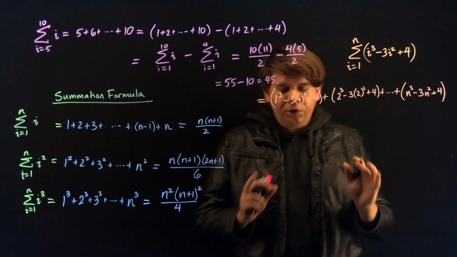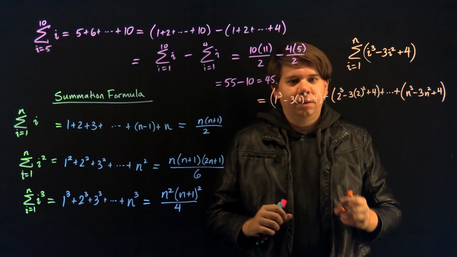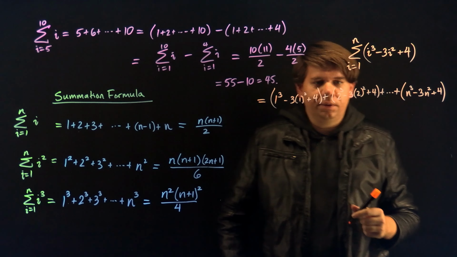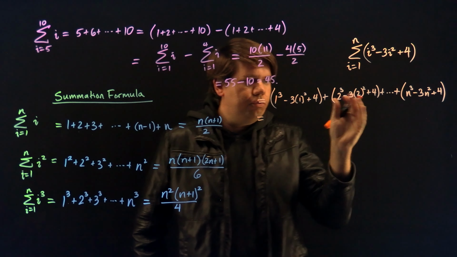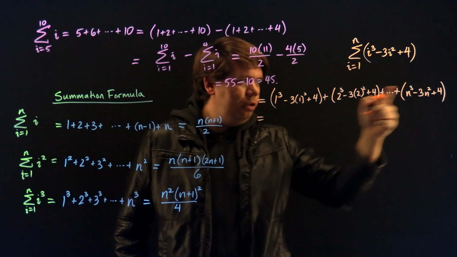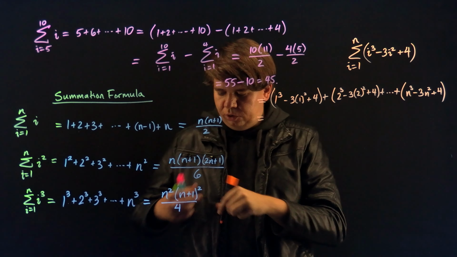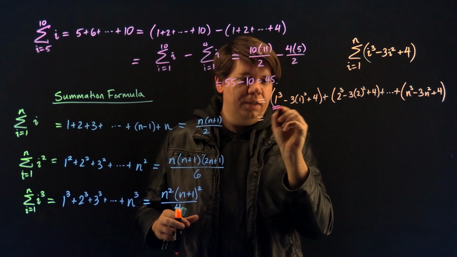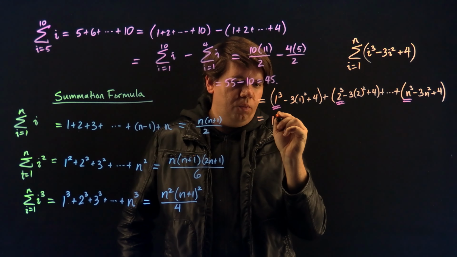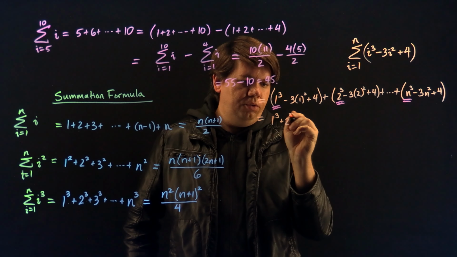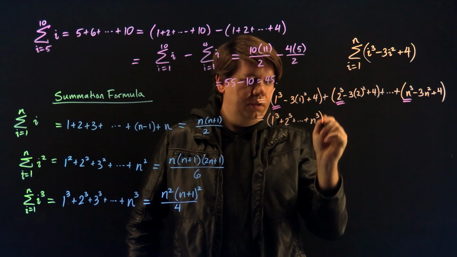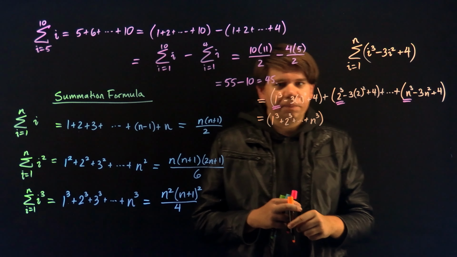Now, the trick is we're going to remember that addition and subtraction we can move around. So we can group all of these 1 cube, 2 cube, 3 cube pieces, n cube pieces together. Just grouping all of these terms, we get 1 cubed plus 2 cubed all the way up to n cubed. Okay, track with me, we're going somewhere here.